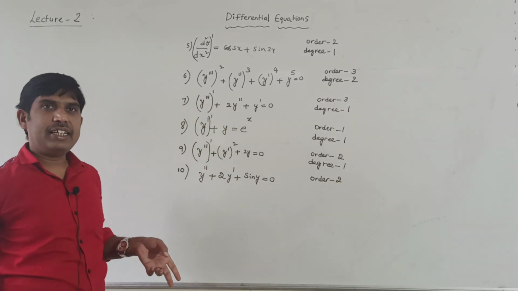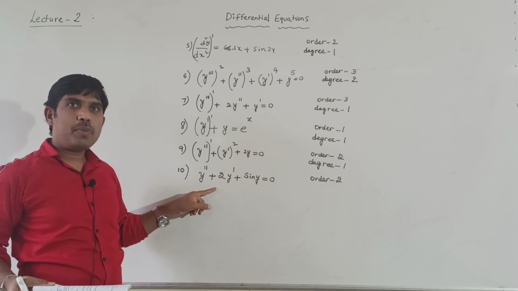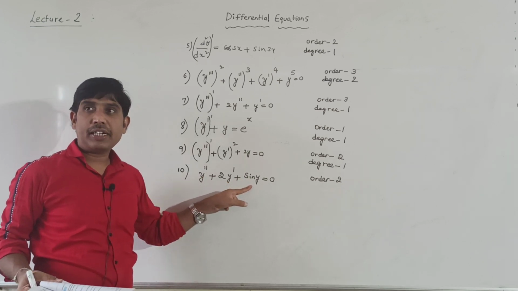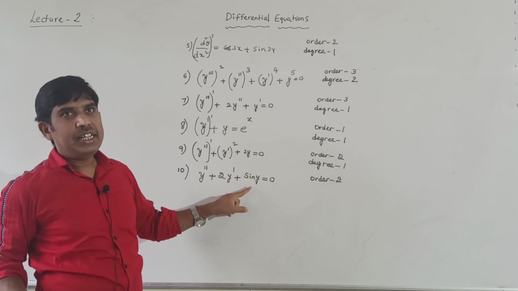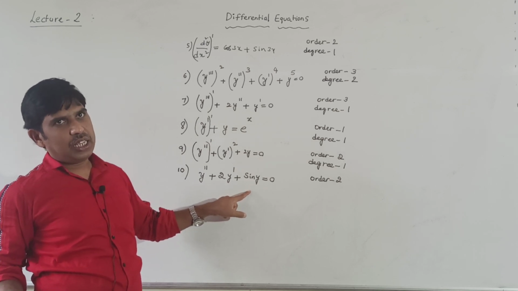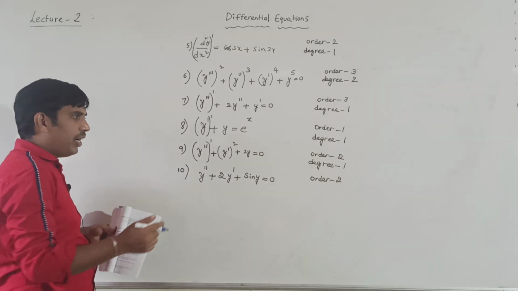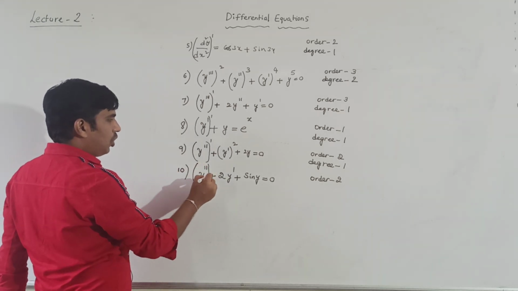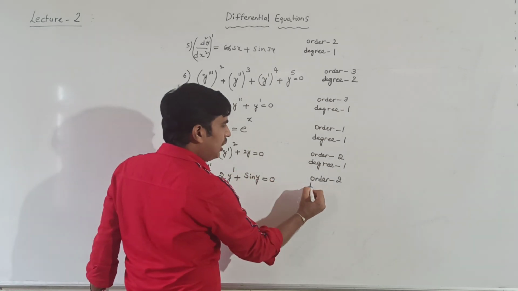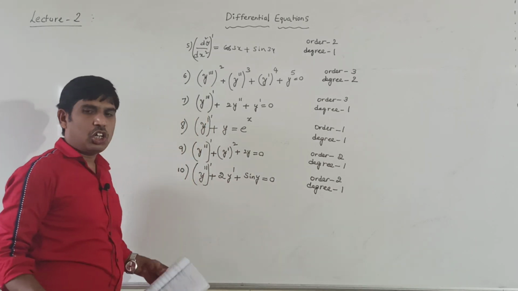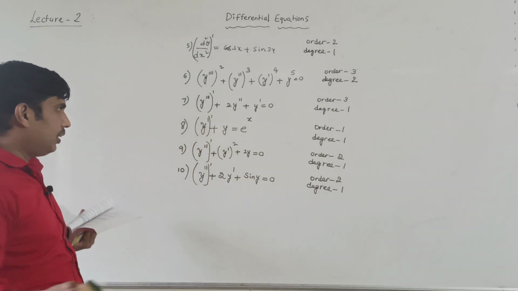Next, to find the degree: even though this is a transcendental function, it does not include a derivative. It is a transcendental function only, not including a derivative. Hence, degree is defined. So, what is the highest order derivative index? Nothing but 1. Therefore, the degree of this differential equation is how much? Nothing but 1.